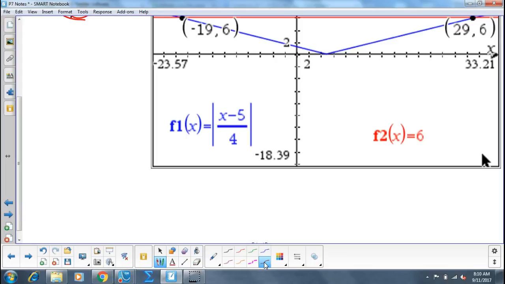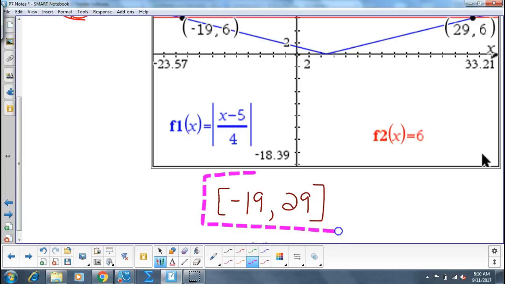Bracket. First number? Negative 19. Second number? 29. Bracket or parentheses? Bracket again. And there, ladies and gentlemen, is the solution to that absolute value. Okay? Questions on that?